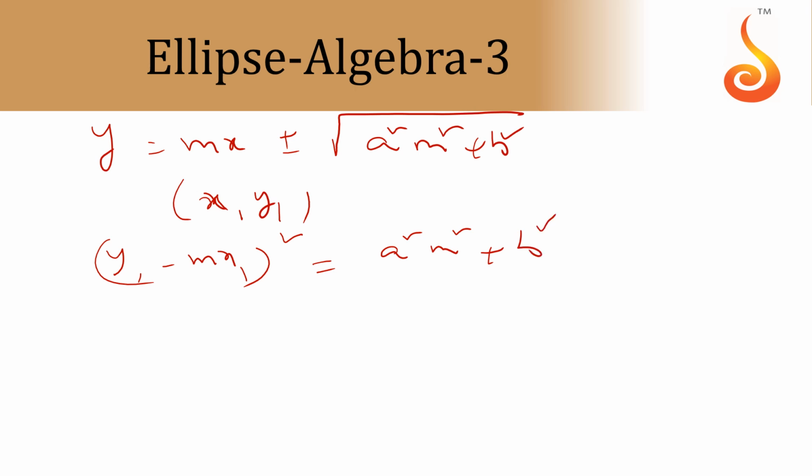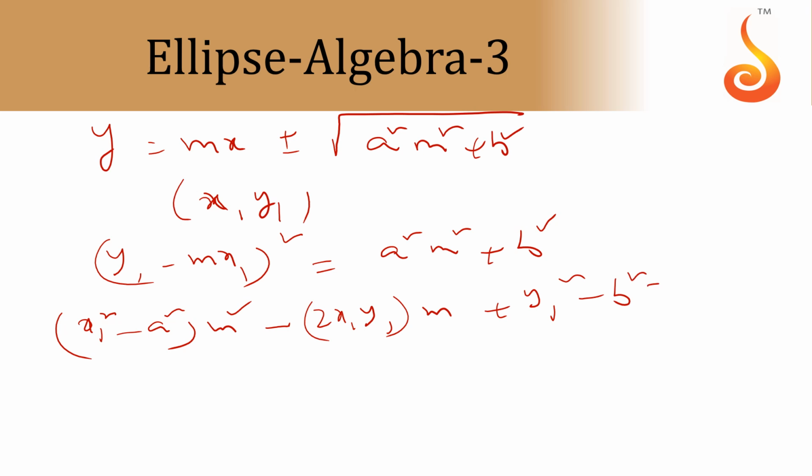So if you simplify, it will be x1 square minus a square into m square, minus 2x1 y1 m, plus y1 square minus b square equal to 0. So what have you got? A quadratic in m.